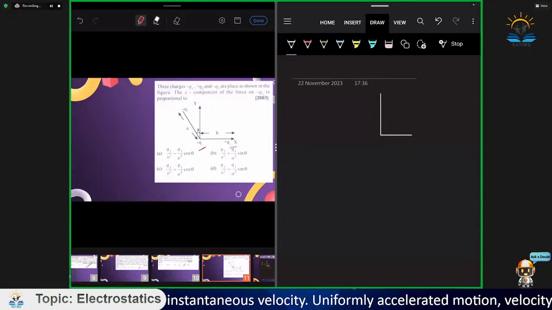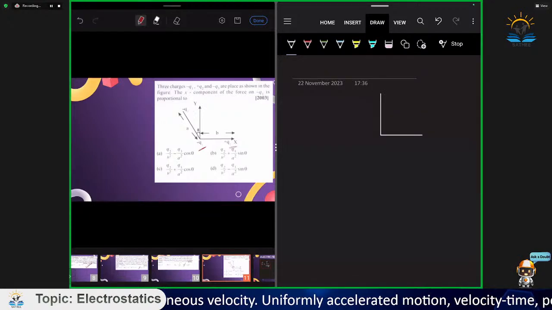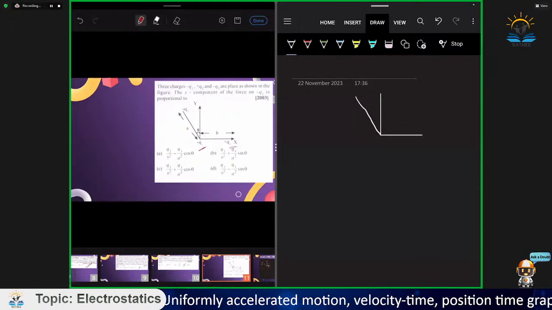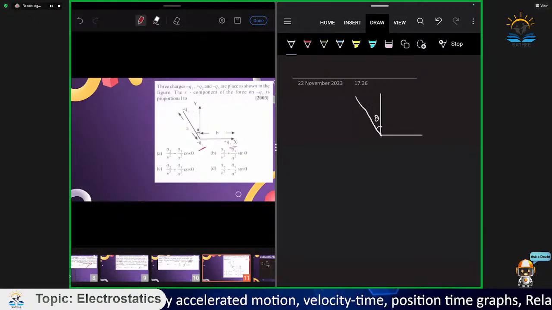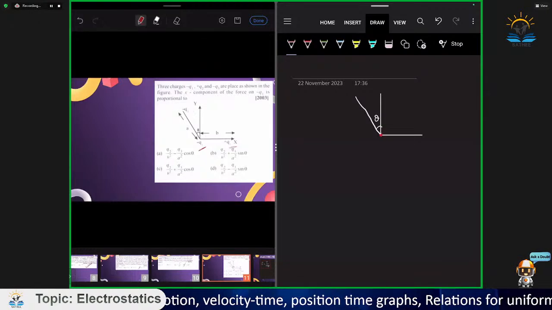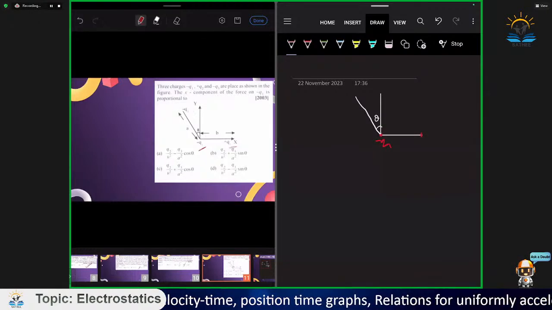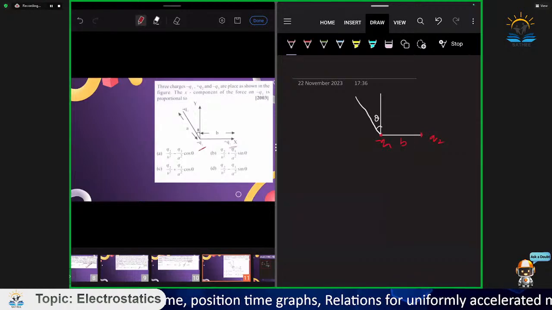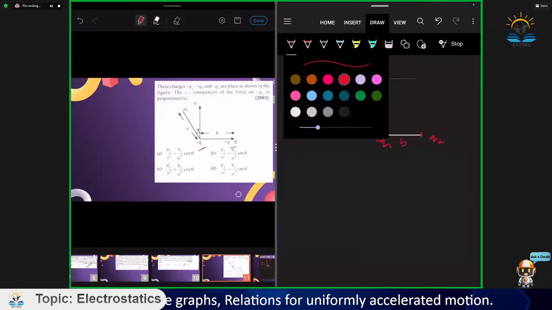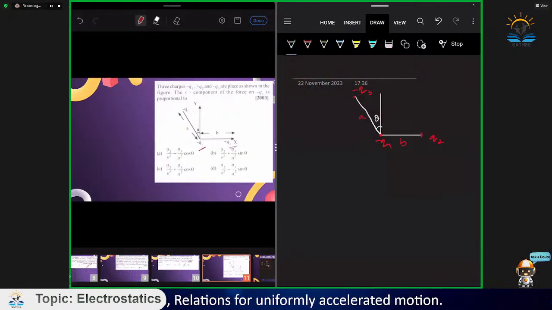See, let me draw the diagram. Here we have minus Q1, Q2 at distance B, and minus Q3 at distance A. Because of this Q2, attractive force will be there along this axis.